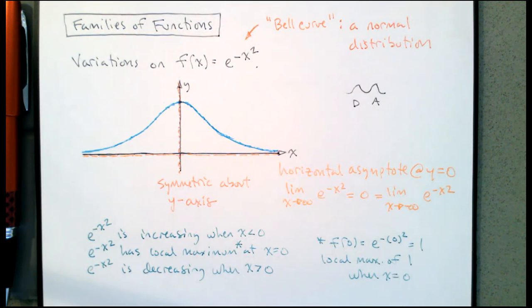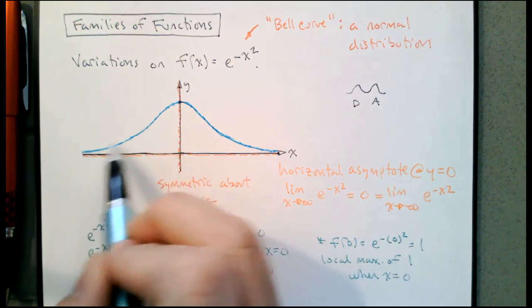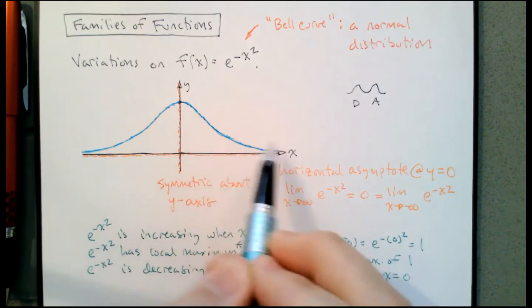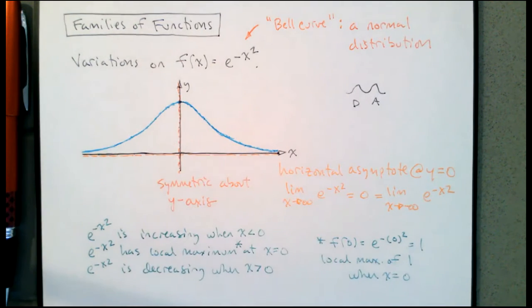It also looks like we're going to have two inflection points, because here we see the function is concave up. In this middle part, it's concave down, and it's concave up again after this middle part. So it looks like we have two inflection points. So that's interesting. We've got the one critical point and two inflection points.